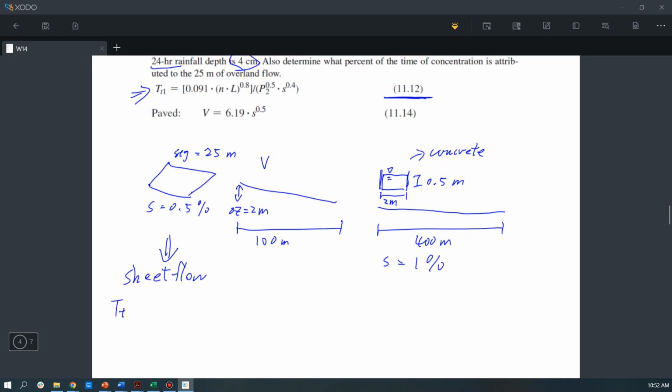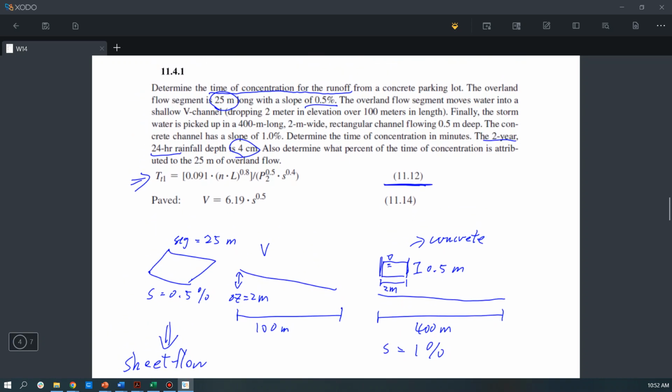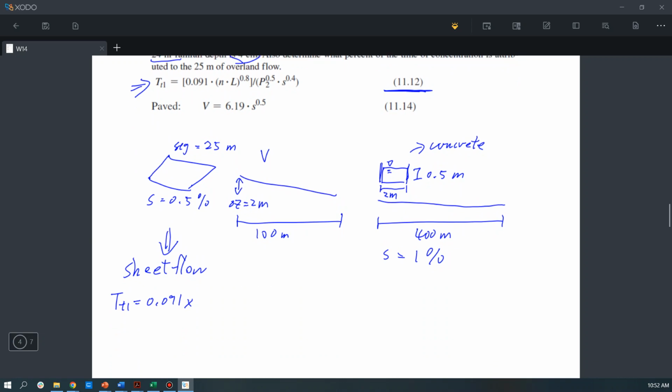The segment 1 is 0.091 times n, and this is a concrete parking lot, so the Manning coefficient n is equal to 0.011.